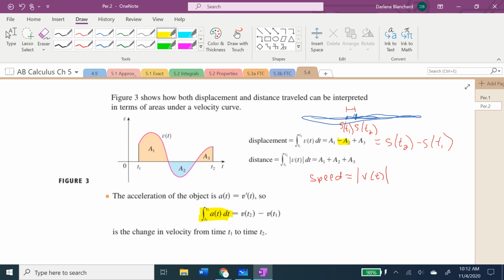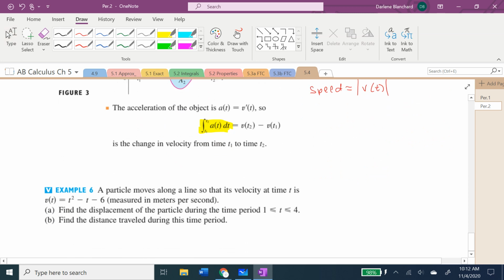But it's only going to tell you what the difference is in your velocity at time 2 from what it was at time 1. That's the only thing it's going to tell you. Okay, is it okay if I scroll away from this? And you can look it up in your textbook also, and we'll be talking about it anyway.